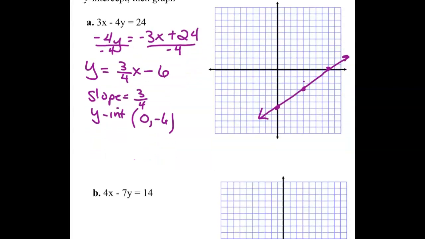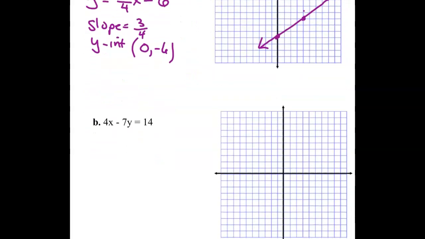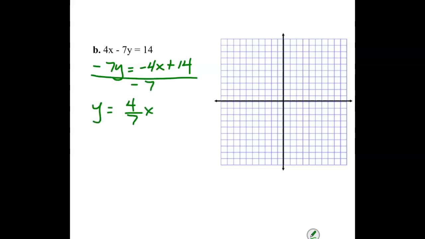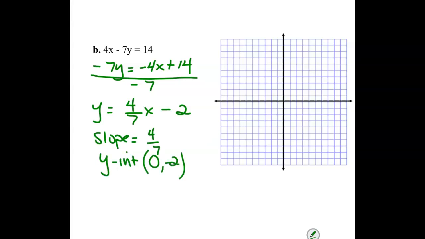All right, last one. First step. Everybody, first step. Minus the 4x. And then divide everything by -7. So we end up with positive 4/7 x and a -2. So slope is 4/7, y-intercept (0, -2).